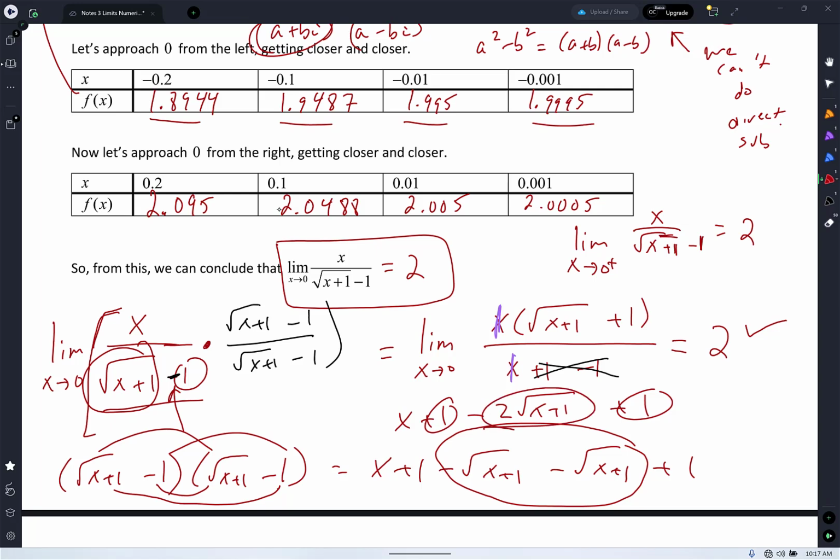And if I plug in a 0 in there, I'm still going to get 0 and then 1 plus 1. See, it doesn't make any sense. Let me see. Hold on. What did I do? X plus 1. Oh, yeah. So let's say I want to simplify this. X minus 2 square root of x plus 1 plus 1. If I plug in a 0, 0 minus 2 plus 1, and I still get that minus 1, and then I still have, did I do something wrong?